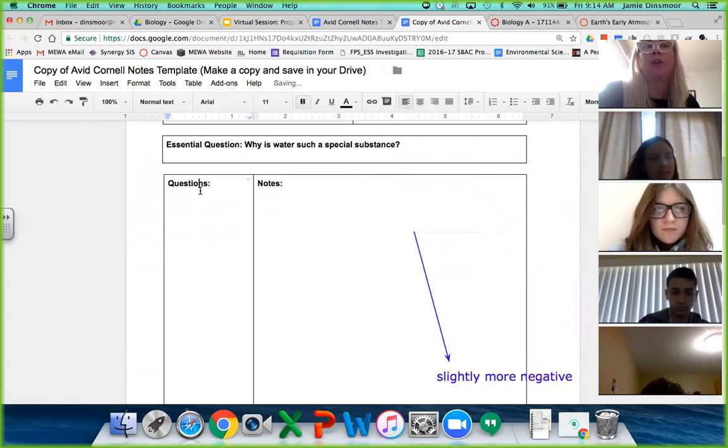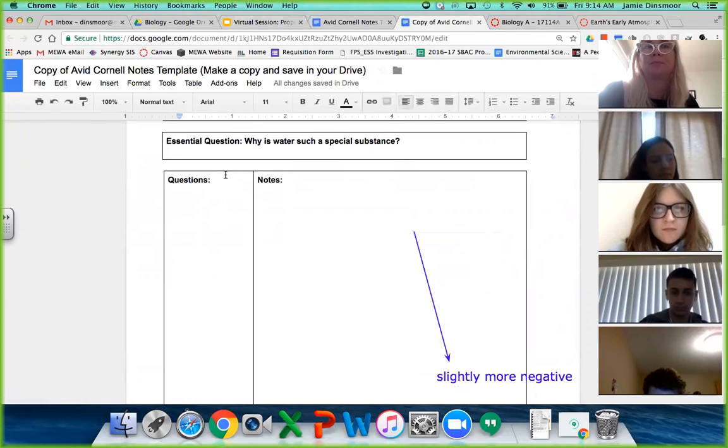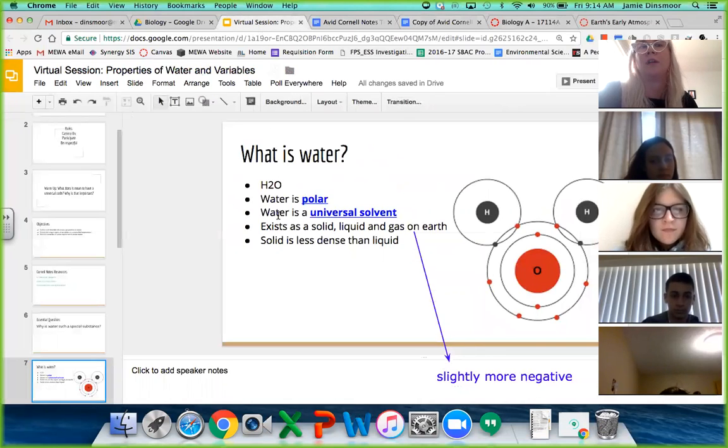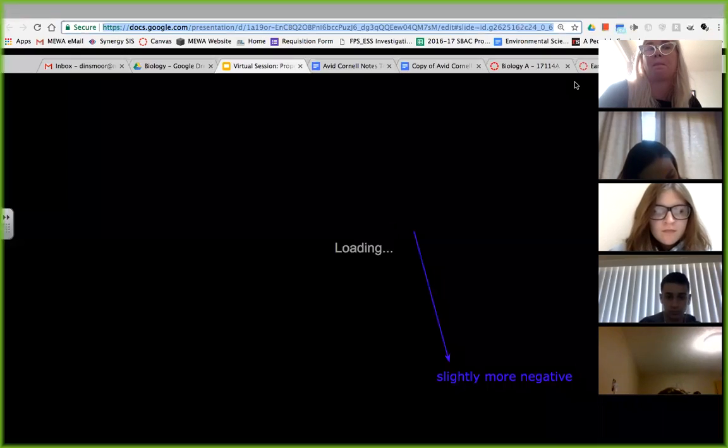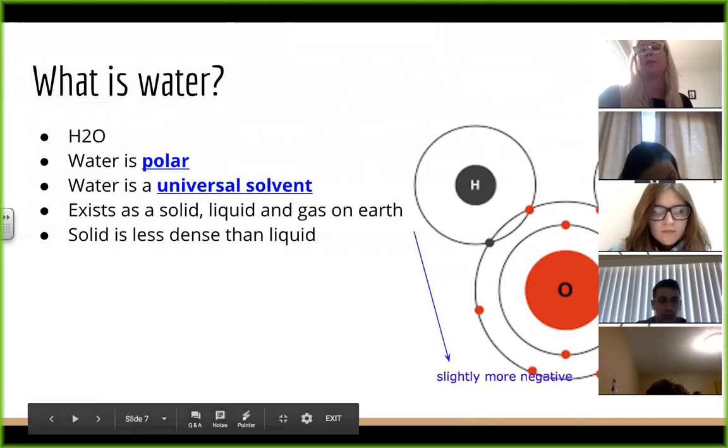And then over here, your first side question should be, what is water? And in the notes part, you should be writing what you see here. H2O, water is polar, water is a universal solvent, etc. I'll give you guys about 20 more seconds.